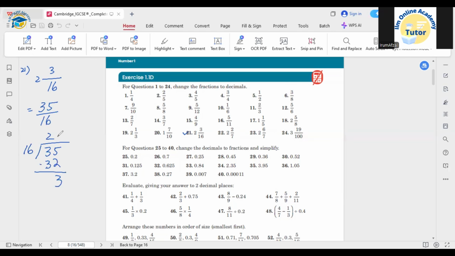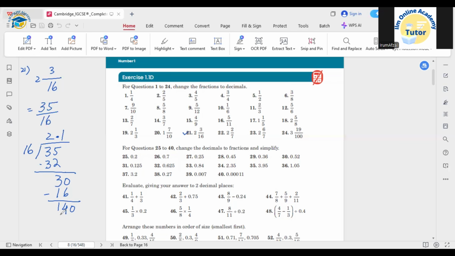So 5 minus 2 would be 3. Then using a decimal point over here, we can make 1 0. And here 16 2 times would be greater, so 16 1 times 16 we can go. From 30, if we subtract the 16, it would be 14. Then again using a 0, because 14 is smaller. Now the 140 is quite bigger, so we can use a bigger number like 7 or 8.